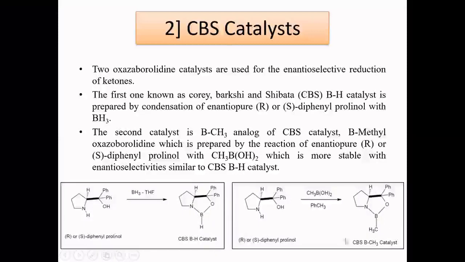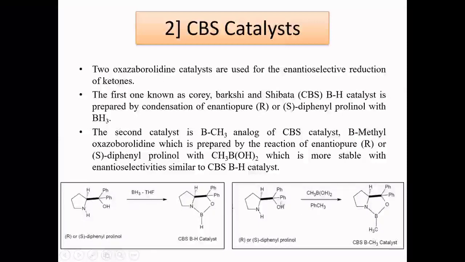So the CBS catalyst is of two types, either the CBS BH catalyst, that is a hydride donor, or you can use the CBS methyl catalyst, which is your alkyl borane. So there are two types of borane: one is alkyl borane and one is hydride borane. Any one of these you can use for the reaction.